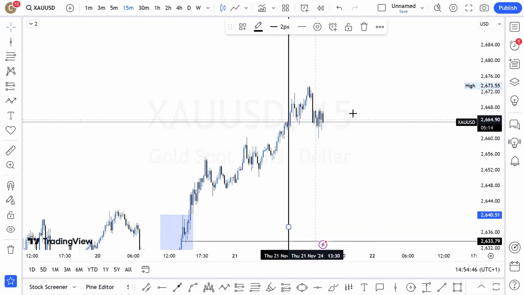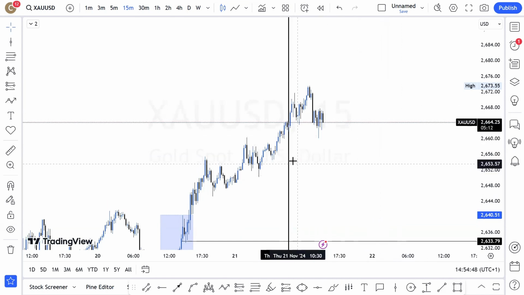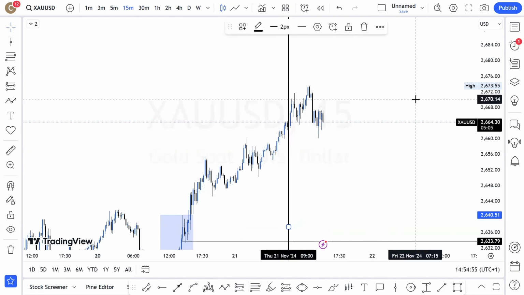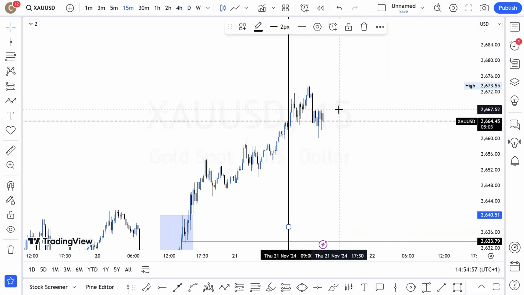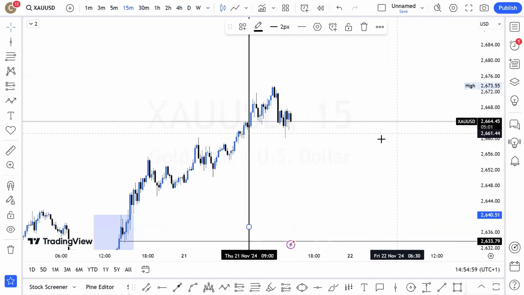So this is the 9 o'clock candle, right? That candle is a bullish candle. So it was 8:45 that was a bearish candle.